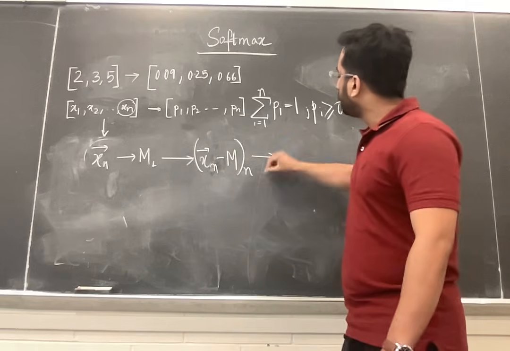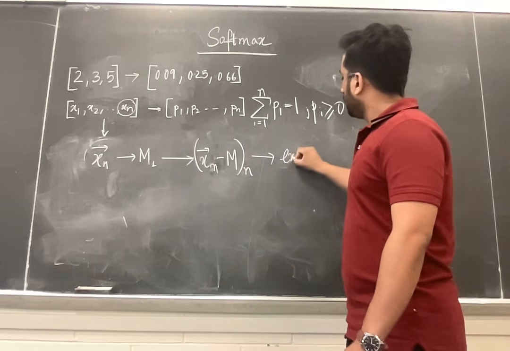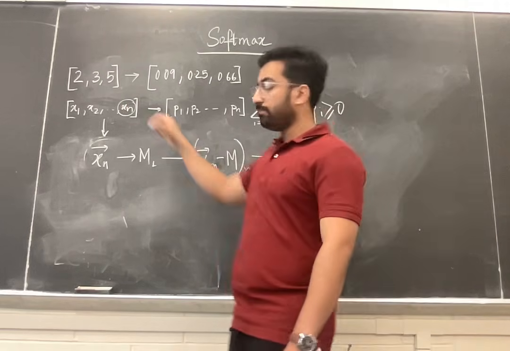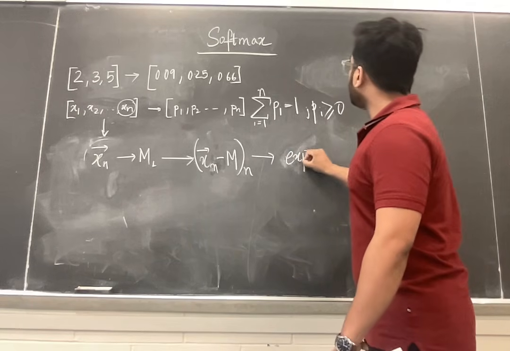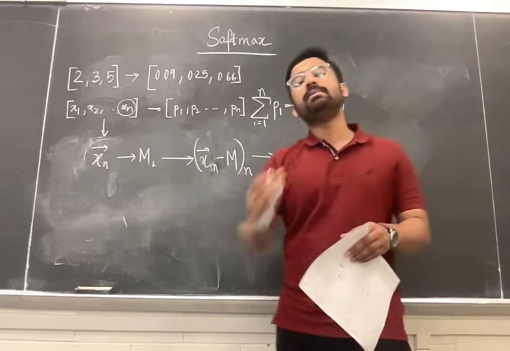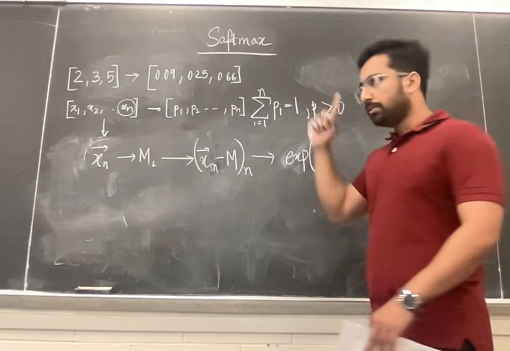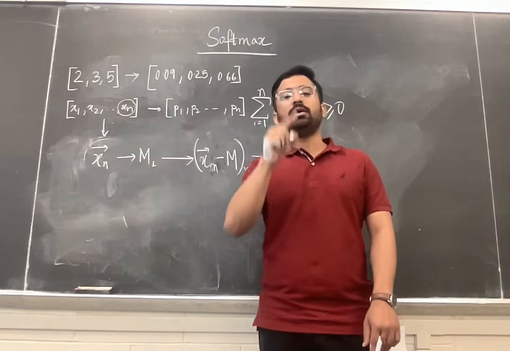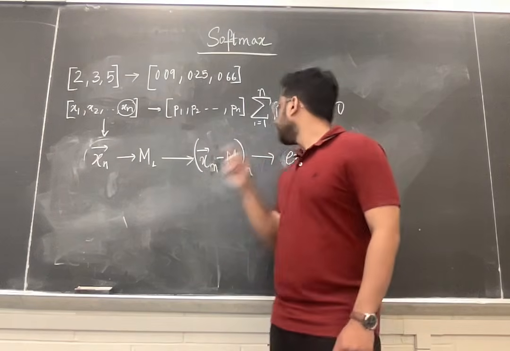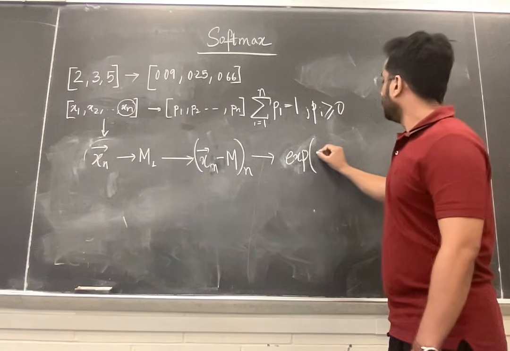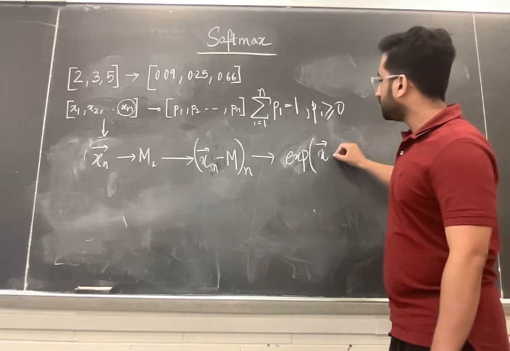And now we will do the exponential of each one of them. When you call a function like this, it does it element-wise. If you remember, each of them was e to the power xi minus m: x1 minus m, x2 minus m. So it is actually essentially doing this exponentiation.